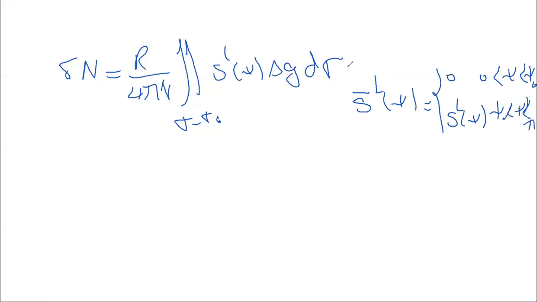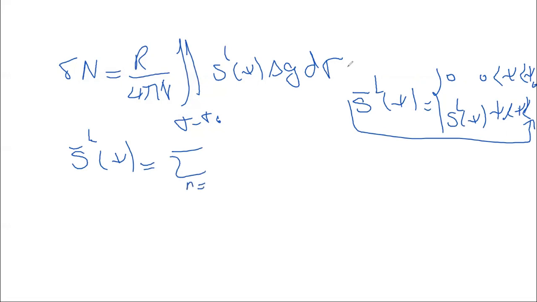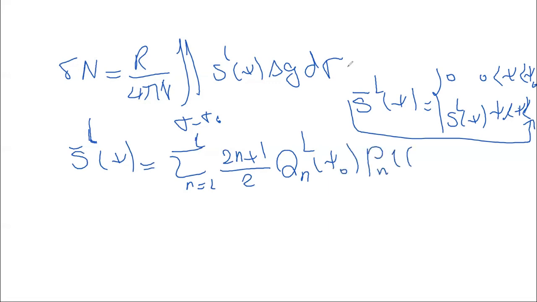I am going to do the truncation, compute the truncation error. So SL bar L will have this spectral form, because it's a spherical function, 2n plus 1 over 2, and I call it QnL. L because it is modified up to degree L, Pn cosine psi.